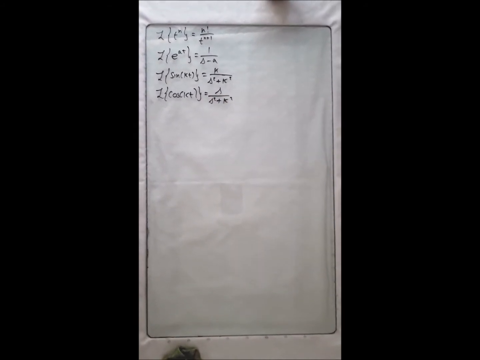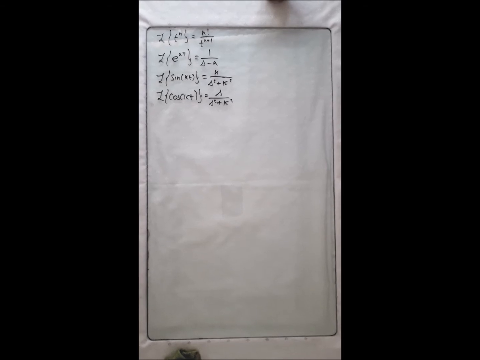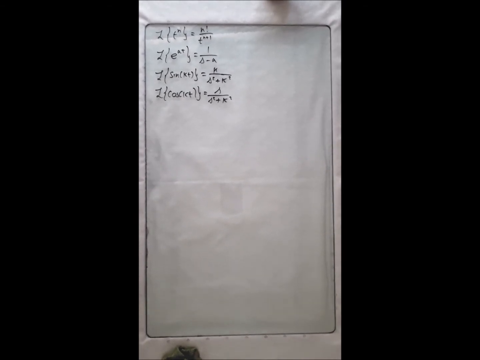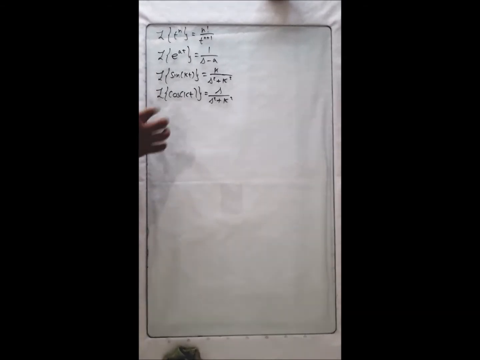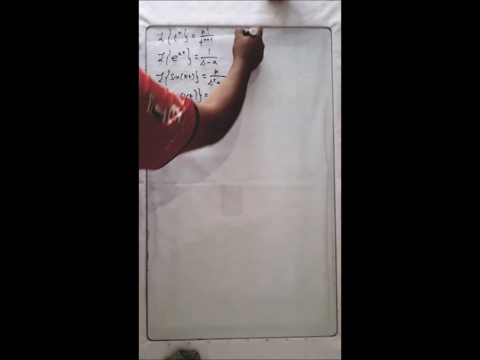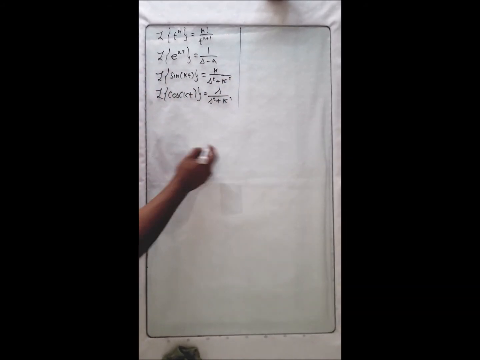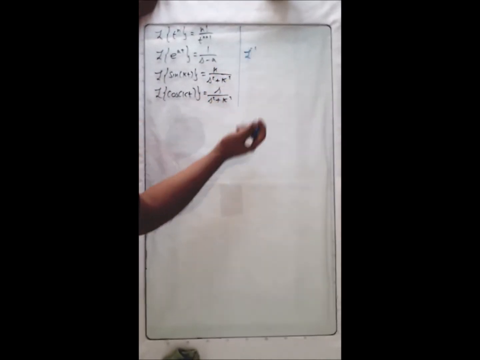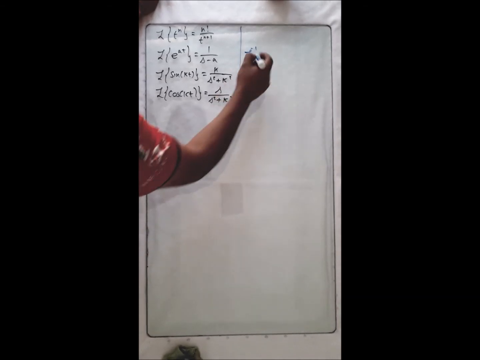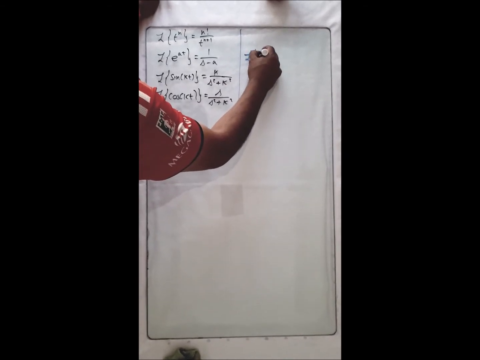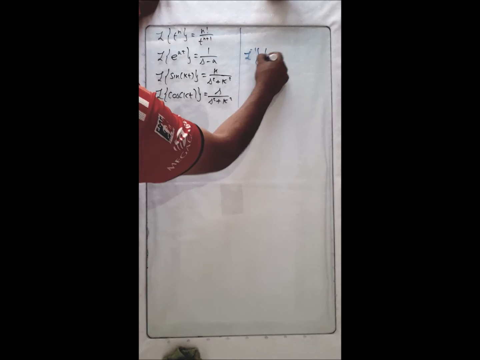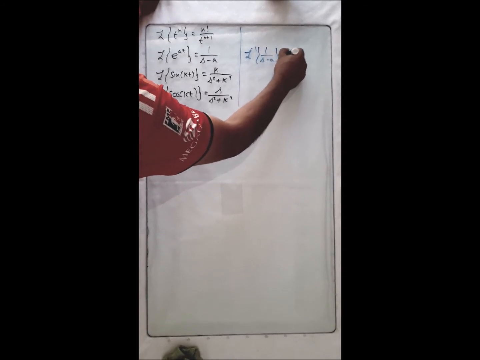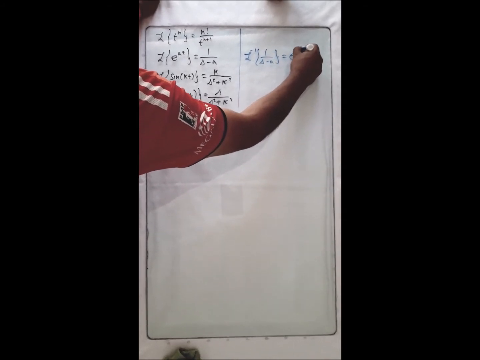Okay, now the inverses. There is no definition of the inverse. The inverse is just the opposite. So I'm going to write here the inverse, okay? The Laplace inverse with minus 1, indicating not 1 over the Laplace transform, instead is the inverse operation. The Laplace inverse of 1 over s minus a is just exponential of at.